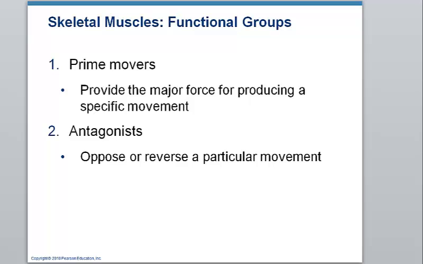And another group opposes these prime movers. So this one has the same kind of function, one particular force, but it opposes the prime movers. So if the prime movers are flexion, then the antagonists are going to be the extension movement.